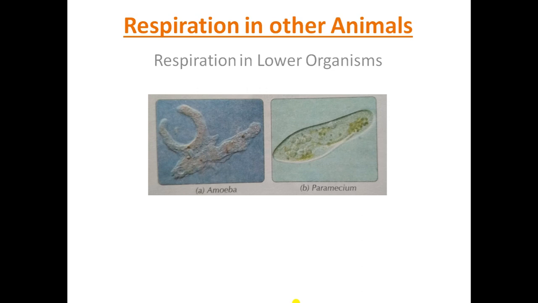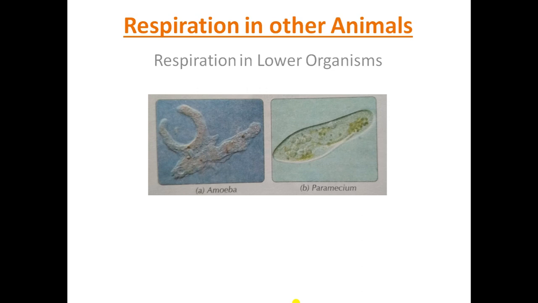And you know paramecium, the shape of paramecium is almost slipper shaped, and it has small cilia, the hair-like structures around it, and both pseudopodia and cilia are responsible for engulfing the food particles.